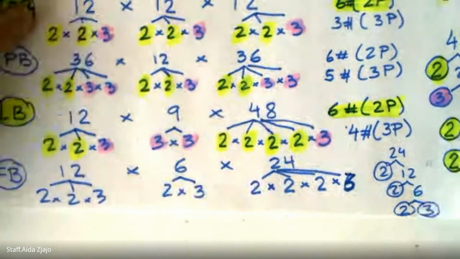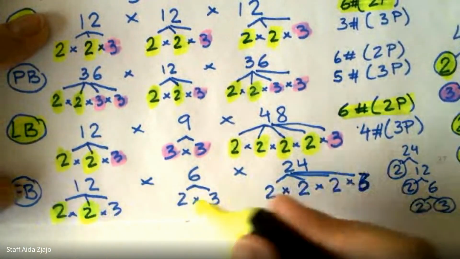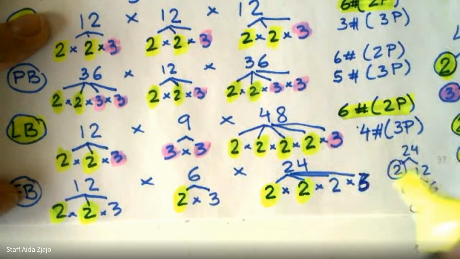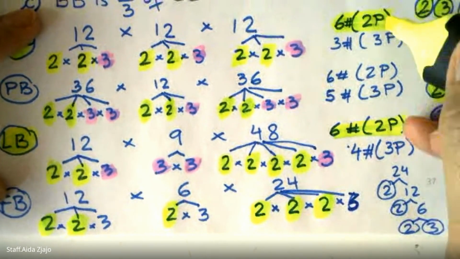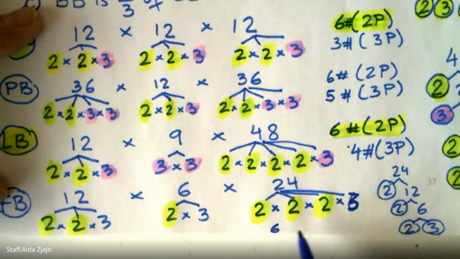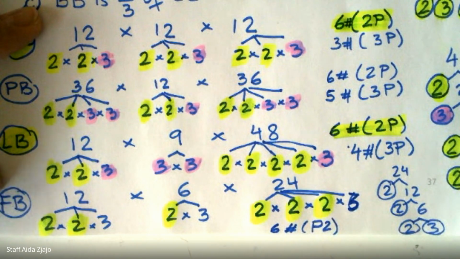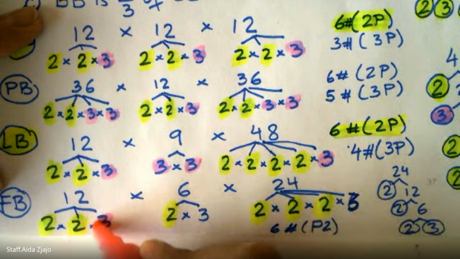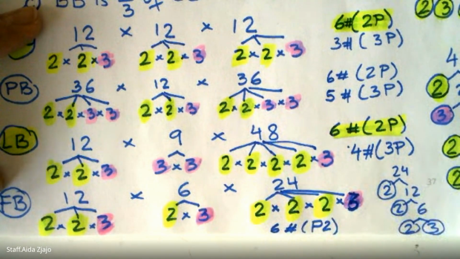So when we are now looking for the FB, there is 1, 2, 3, 4, 5, 6. It's 6 primes 2. There are 6 numbers that are prime 2, and then as you can see, there are 1, 2, 3 numbers that are prime 3.